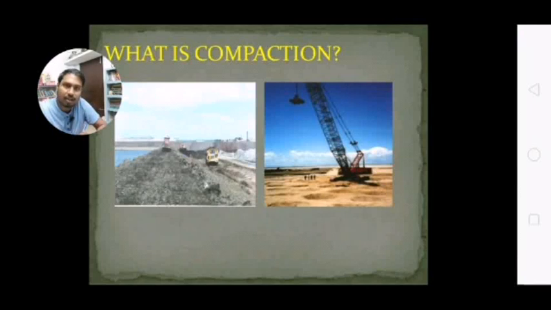At first, in the definition of compaction of soil, we will say compaction of soil is a mechanical process by which the soil particles are packed more closely together by reducing the air void and consequently increasing the dry density.